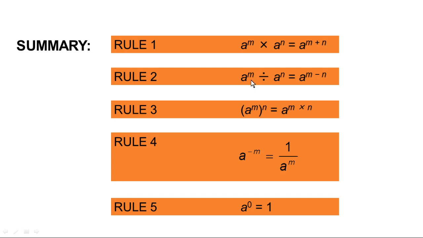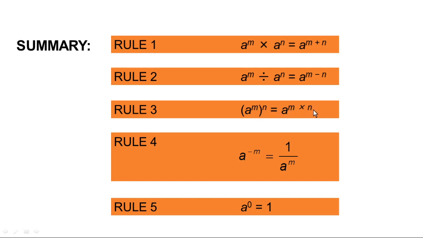If I am dividing two numbers with the same base, I will just subtract the indices or exponents. If I am given a number with an index raised to another index, I will just basically multiply those indices or exponents.